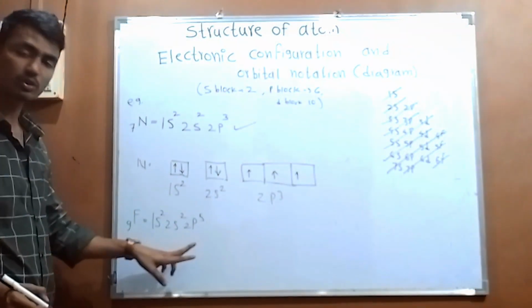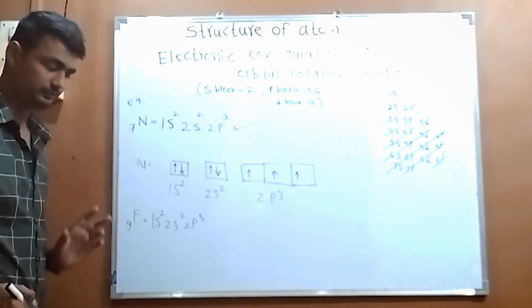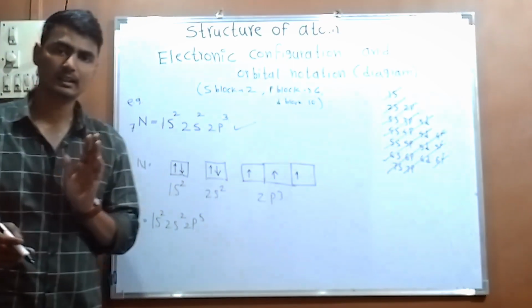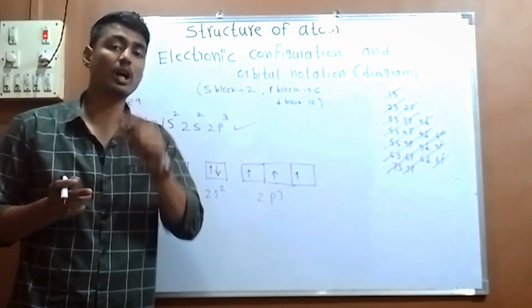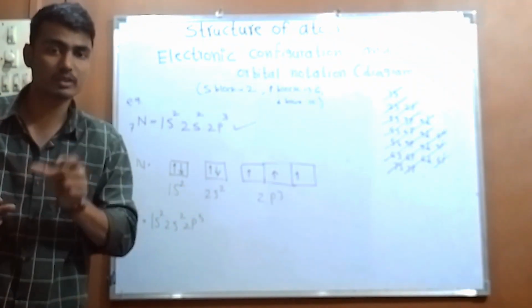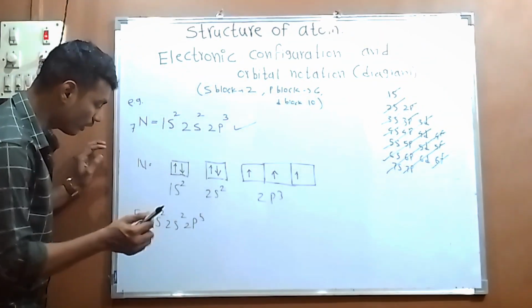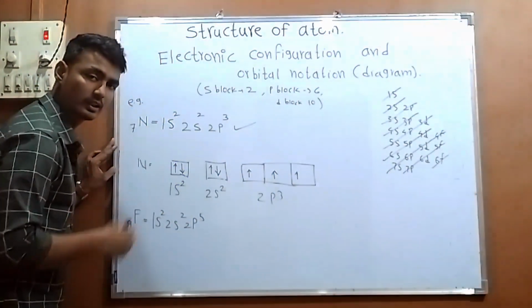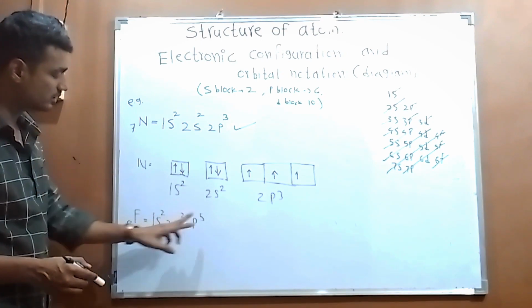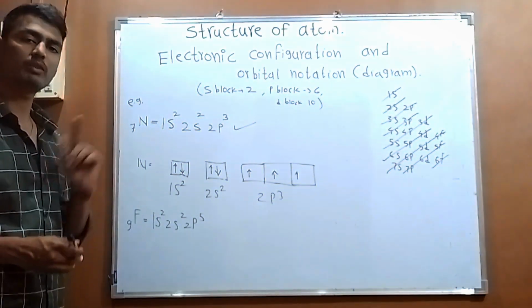So this is the electron configuration of fluorine. How will we cross-check whether the electron configuration is correct or wrong? We count these numbers, 2 plus 2, 4, 4 plus 5, 9, and compare with the atomic number. If these numbers match, then the electron configuration is correct.